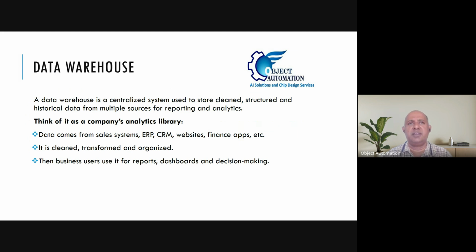We take a copy of the record tables from the database and put it in a data warehouse. Before we put it in the data warehouse, we do cleaning. Data can come from multiple places, so it has to be cleaned, transformed, and organized so that it can be used for reports, dashboards, and decision making.